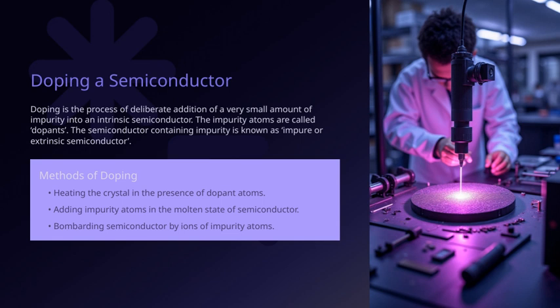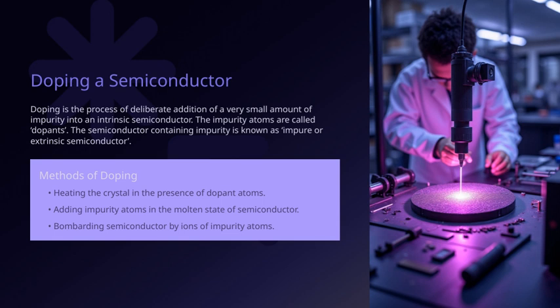Here, the material is heated until it melts, and then dopant atoms are mixed in thoroughly. As the crystal cools and solidifies, these impurity atoms become incorporated into the structure. A third technique involves heating the crystal in the presence of dopant atoms. In this case, the impurity atoms are introduced at high temperatures so they can diffuse into the crystal, enabling controlled doping.